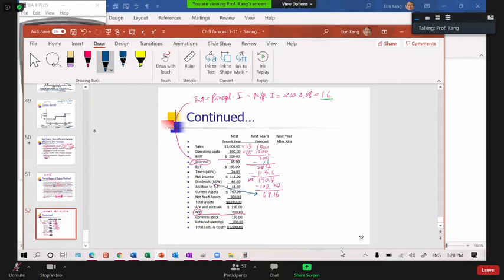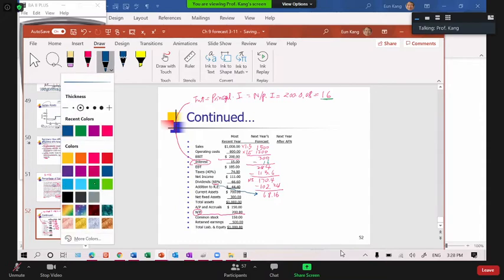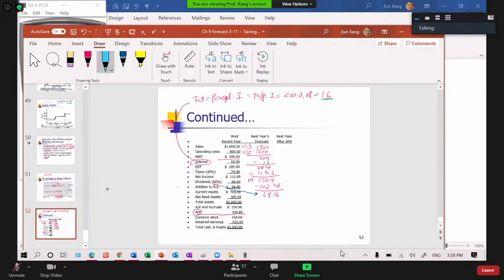Now we have to think about this. Until here is the income statement, and this part is the balance sheet, right?